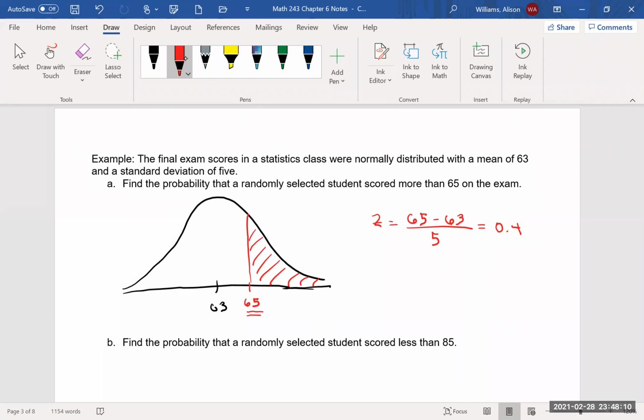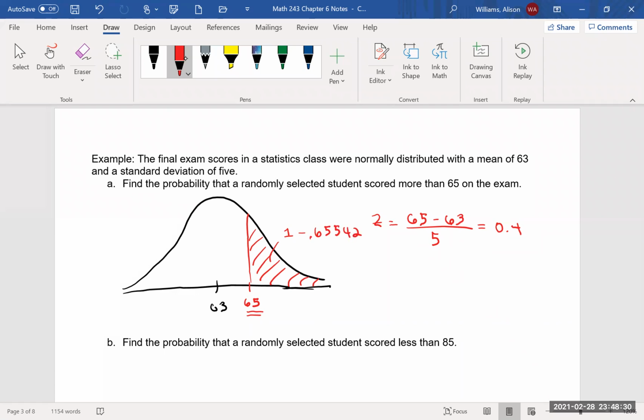Now, because I'm wanting to go to the right, I'm going to subtract this from 1. So the answer I get when I look up 0.4 off the table, I'm going to subtract from 1. And from the table, I'm getting 0.65542.